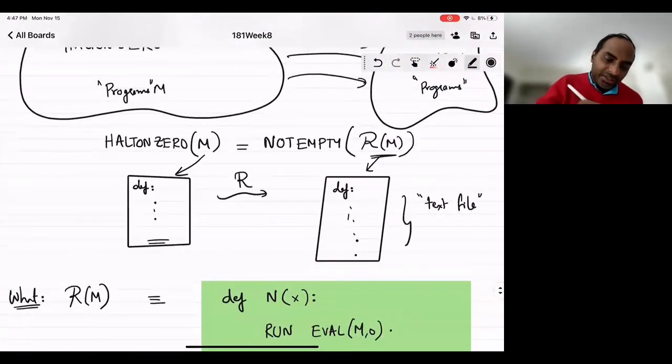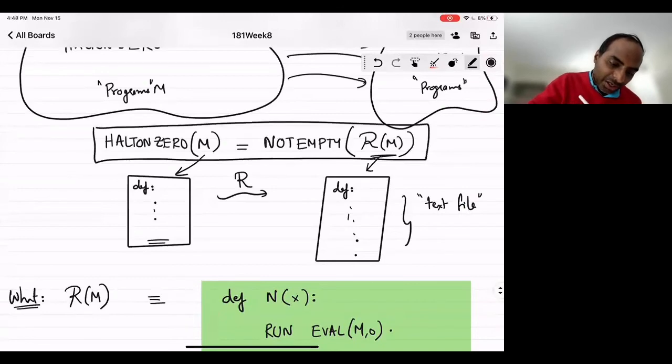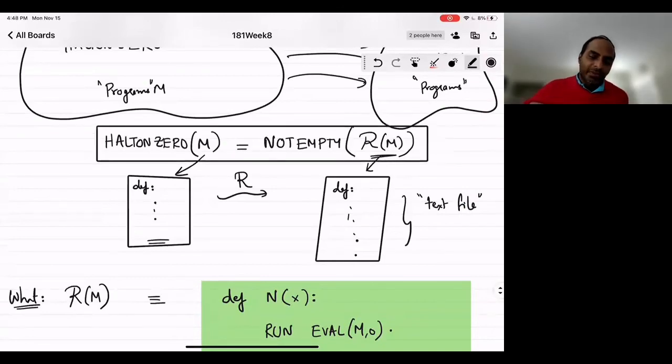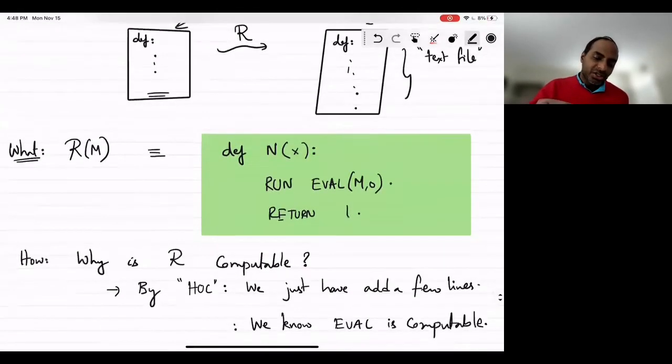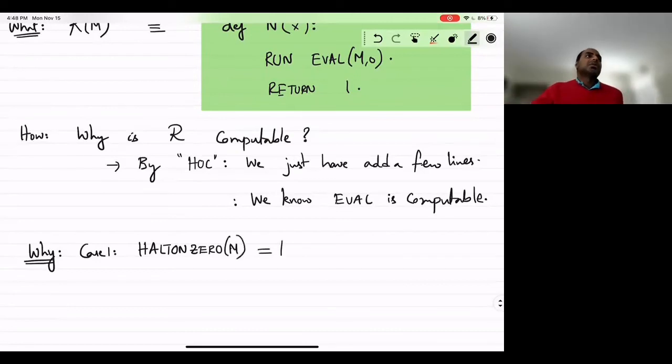So we need to check whether or not this condition, which is at the heart of a reduction, holds. Checking this condition most of the time comes down to case analysis. So case 1 is halt on 0 of M equals 1.